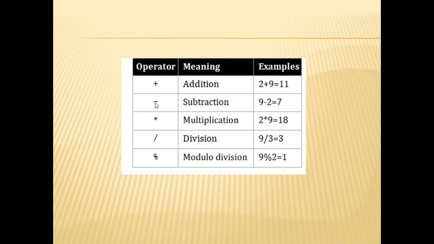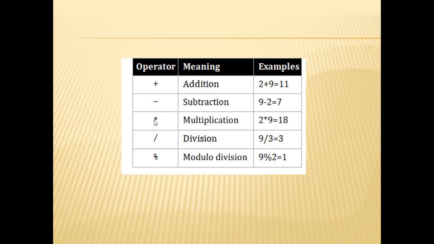Next is the minus symbol, which is called subtraction, and the example is 9 minus 2. Minus is the operator, 9 and 2 are the operands. The result of 9 minus 2 is 7. So this is the subtraction operator.